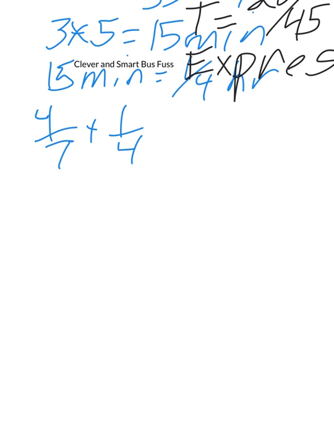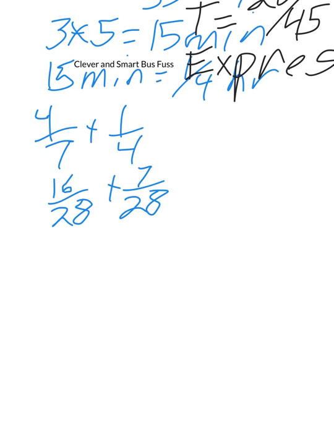We're going to go ahead and find common denominators, which are going to have to be 28ths. And so that's going to equal 16/28 plus 7/28.